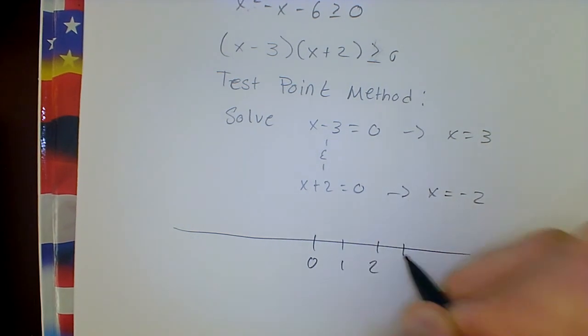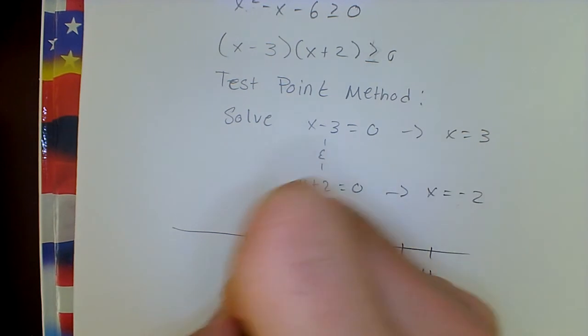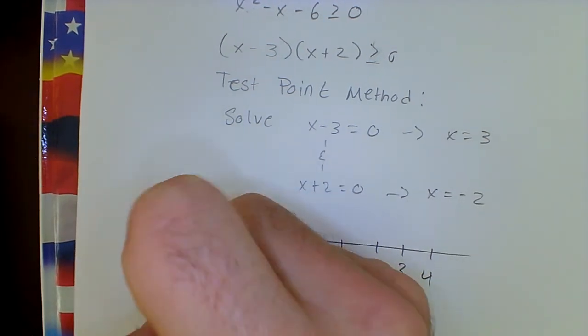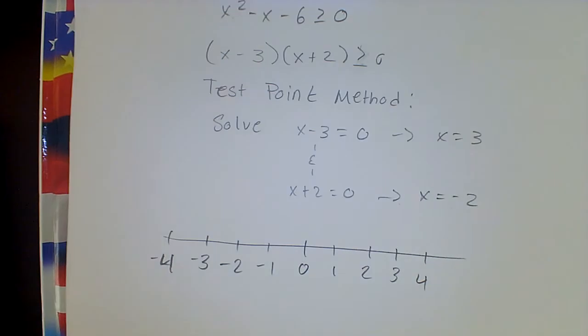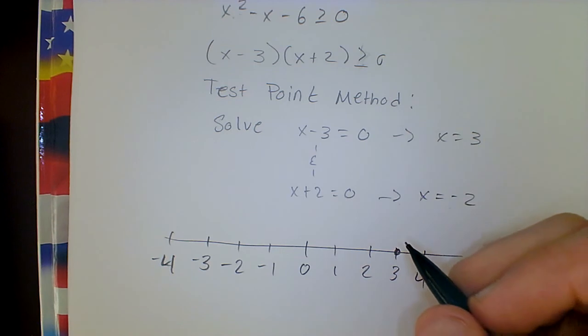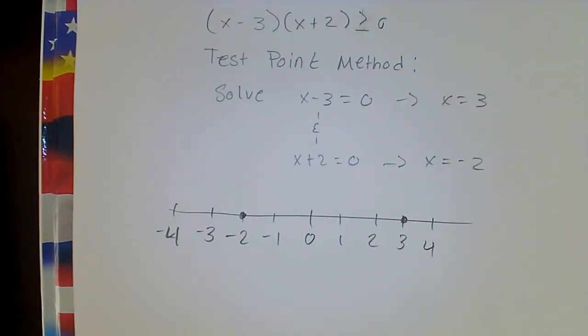So if this is 0, 1, 2, 3, 4, -1, -2, -3, and -4. Okay, so here's 3, and here's -2. So we marked our 2 zeros.